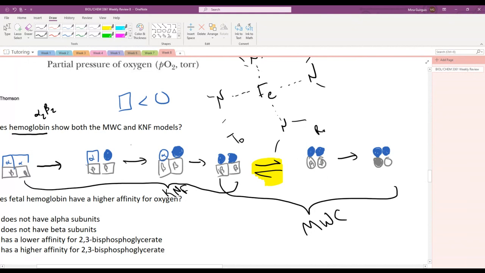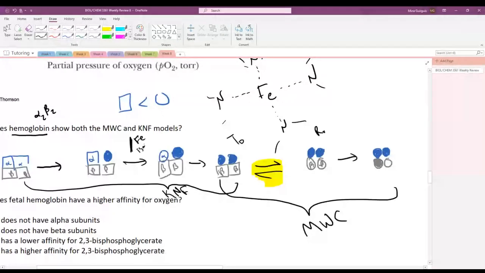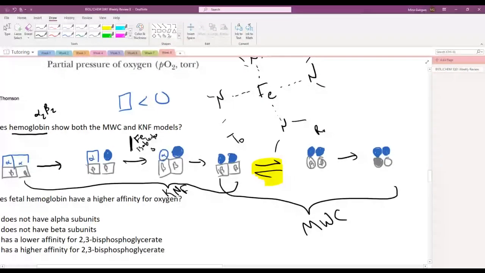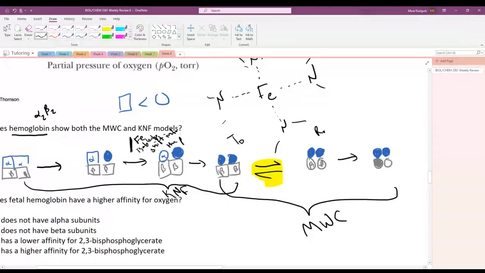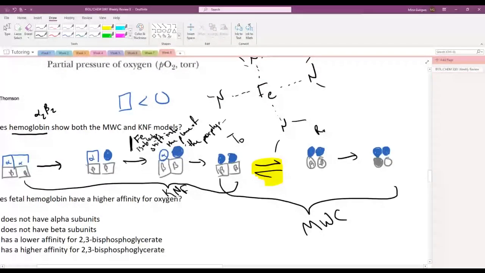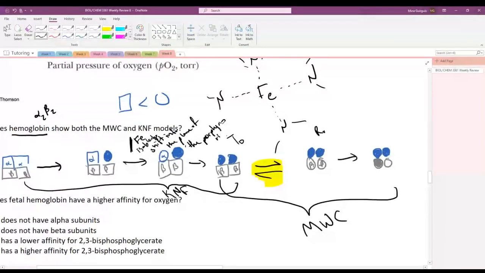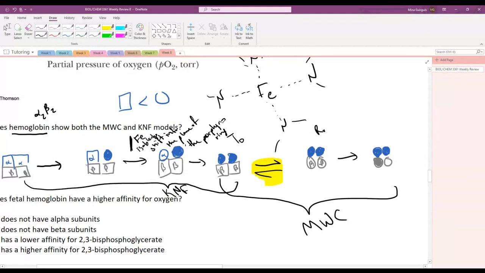This changes because the iron is able to shift into the plane of the porphyrin ring. Okay, I apologize, I ran out of space and kind of wrote it all over.